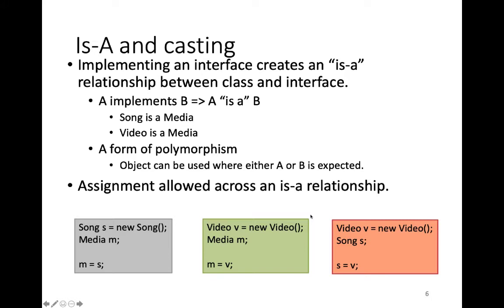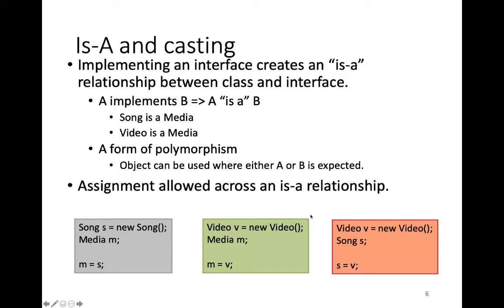So yes, a video object is a media object, and yes, a song object is a media object, but that does not mean a song object is a video object or vice versa. And that kind of makes sense. Just because two things have a relationship with a third thing does not mean they necessarily have a relationship with each other.